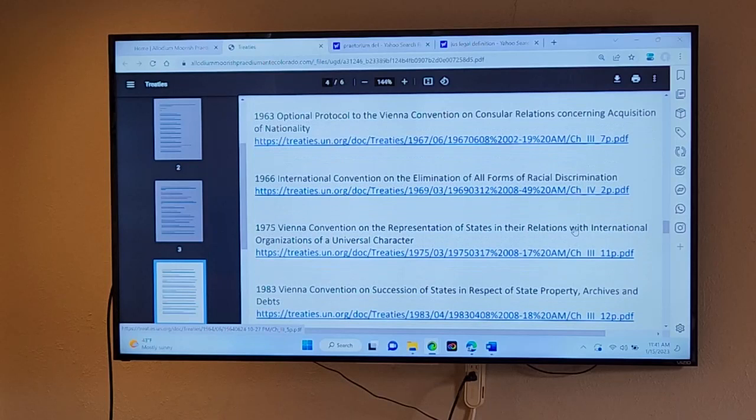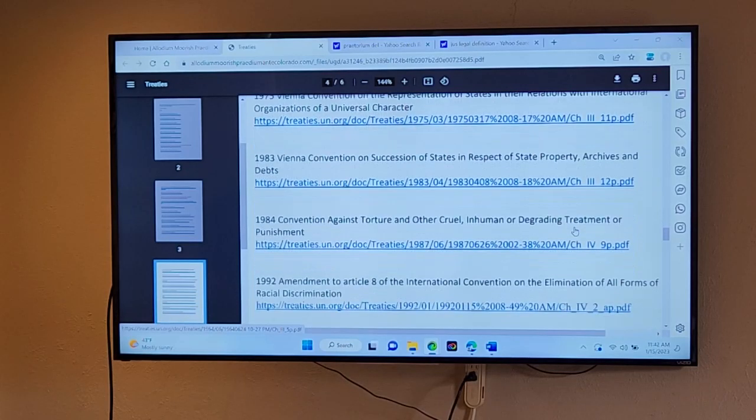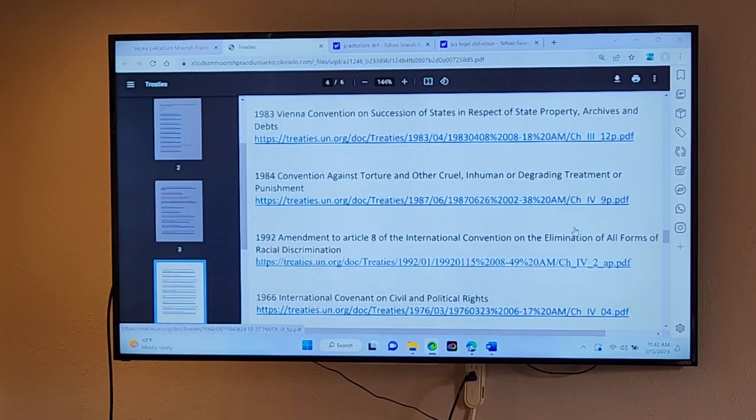The 1966 International Convention on the Elimination of All Forms of Racial Discrimination. The 1975 Vienna Convention on the Representation of States in their relations with international organizations of a universal character. The 1983 Vienna Convention on Succession of States in Respect of State Property, Archives, and Debts.